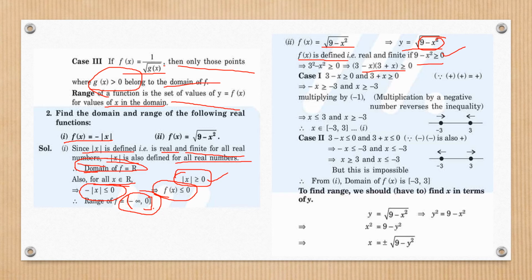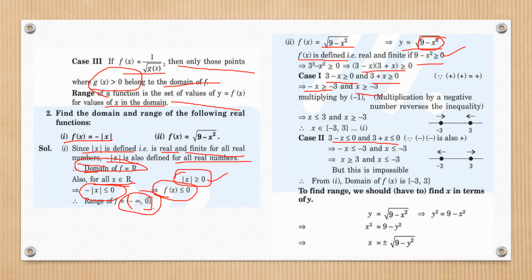Like a square minus b square, a plus b into a minus b is positive, right? So when is the product positive? When both the factors are positive or when both are negative. Plus into plus is plus and minus into minus is also plus. So that means 3 minus x and 3 plus x are both positive. This gives minus x greater than or equal to minus 3.